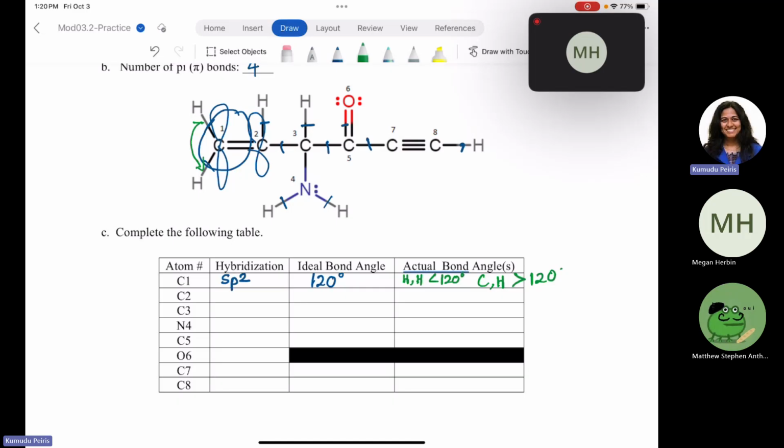Next, we'll move to the carbon 2. Again, let me clear that area. Now we'll look at carbon 2. Again, carbon 2 looks the same way as carbon 1. It has only 3 sigma bonds on it, so it will have the same hybridization and same ideal bond angle.